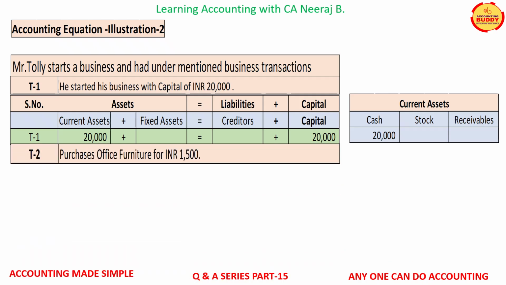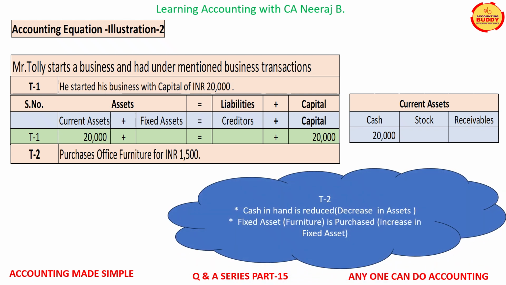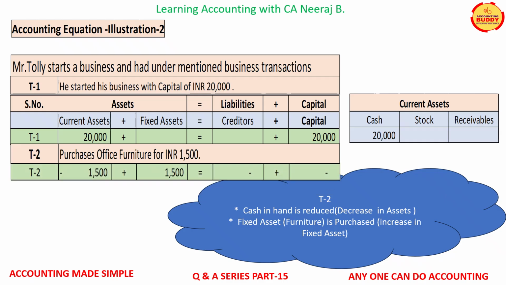Under transaction number T2, Mr. Tolly purchased office furniture for 1,500. Two accounts which are getting affected are first assets, as the furniture is purchased, and second again the assets, as the transaction is settled by cash. Since both the accounts affected are assets, both amounts will appear on the left hand side of the accounting equation.